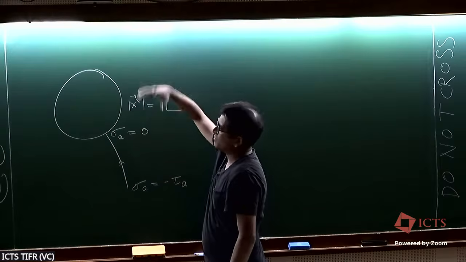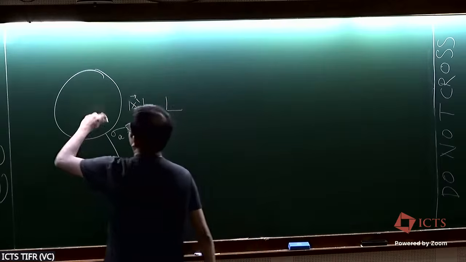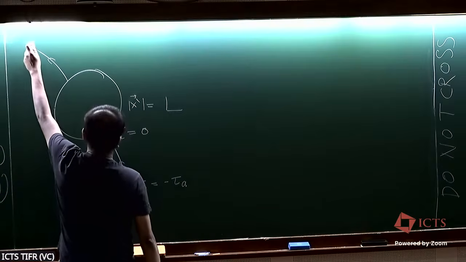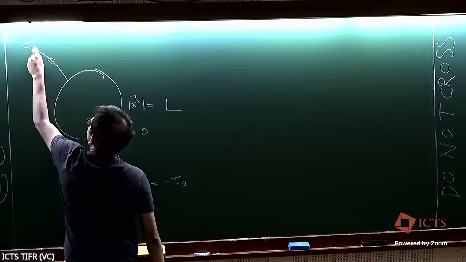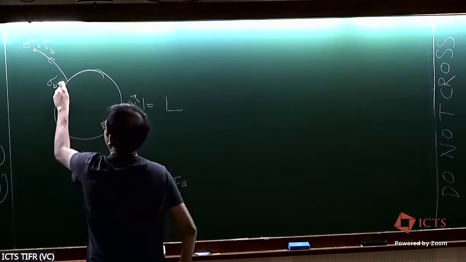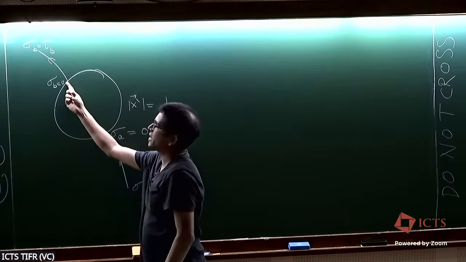What about the particles which are outgoing? Naively, we would say that we should take here some sigma B as some tau B, such that these particles are exiting this domain at sigma B equal to 0.